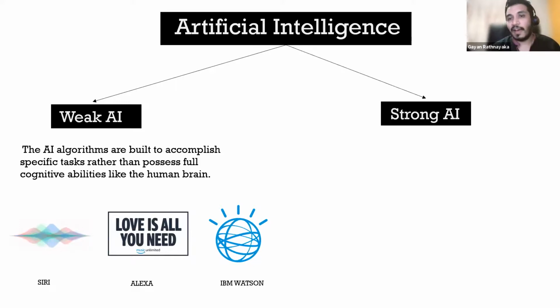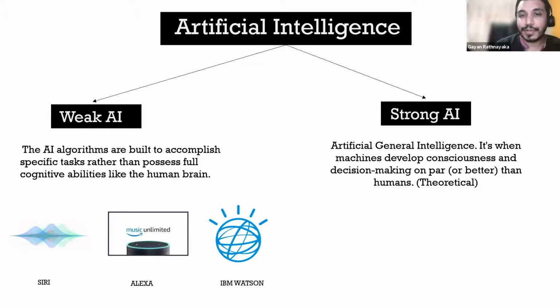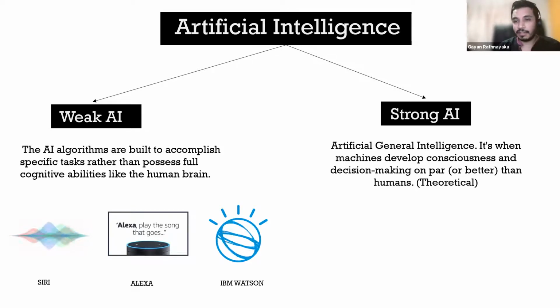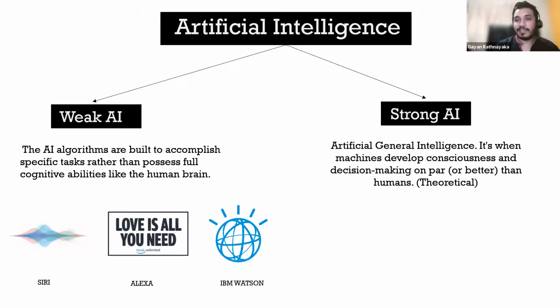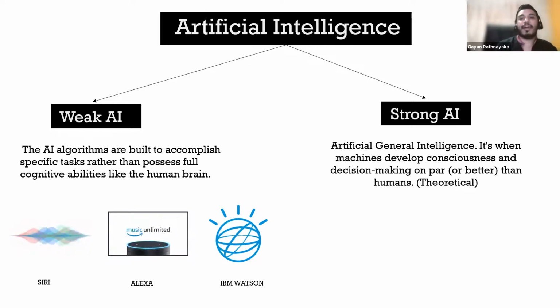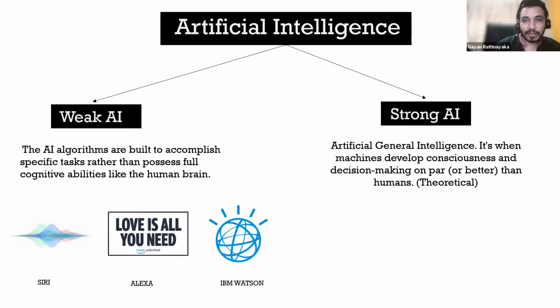And we have strong AIs. Strong AIs basically fall into the category called artificial general intelligence. That is the idea of machines developing consciousness and doing decision making by themselves, on par with or better than humans. This is mostly theoretical at this day, but people are working toward this, right?